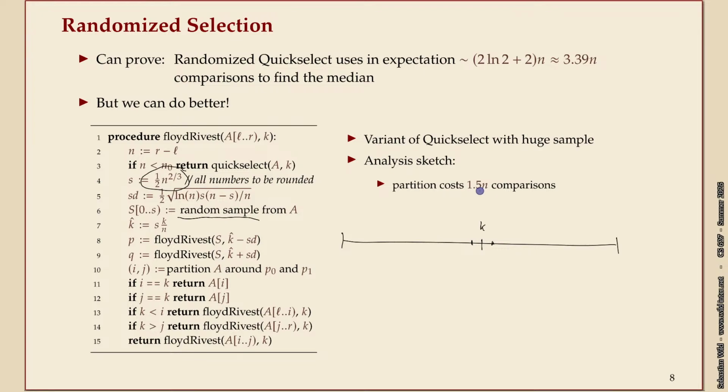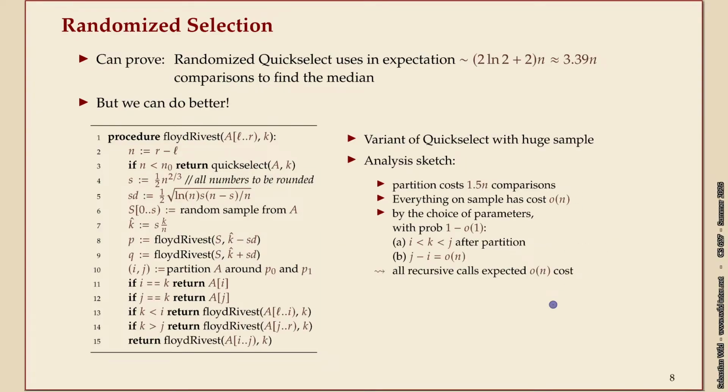The partitioning costs 1.5n comparisons because you're doing it with two pivots. You compare every element to one of the pivots and those that are larger to the other one. And so because these are so close together, it's essentially half of the elements that you have to pay a second comparison for. So it's 1.5 on average.